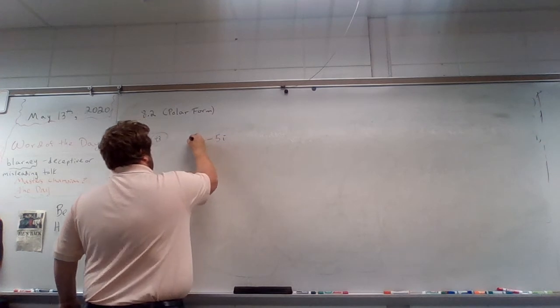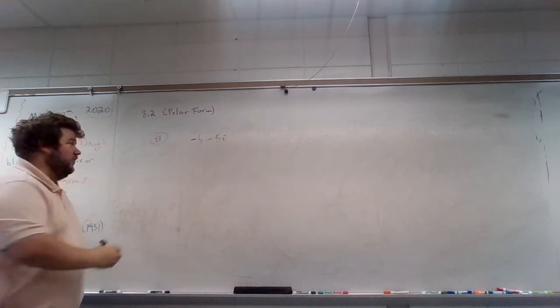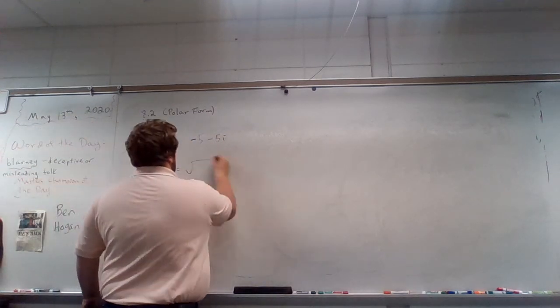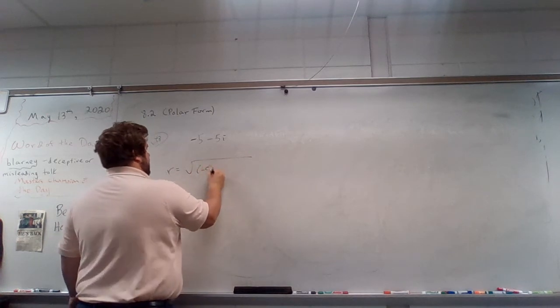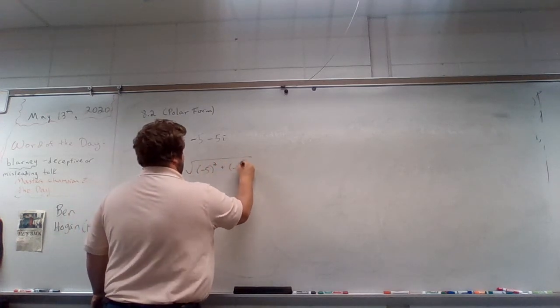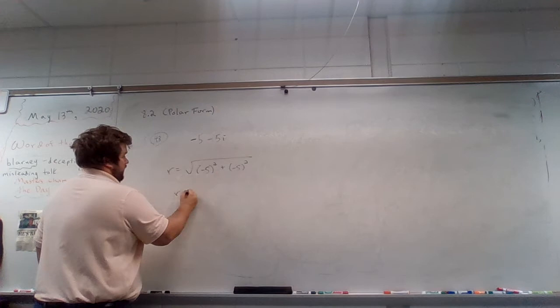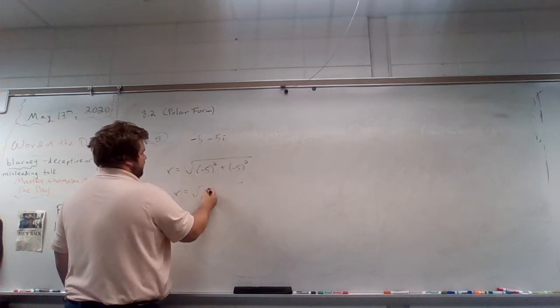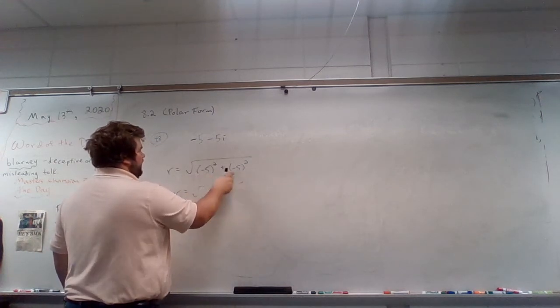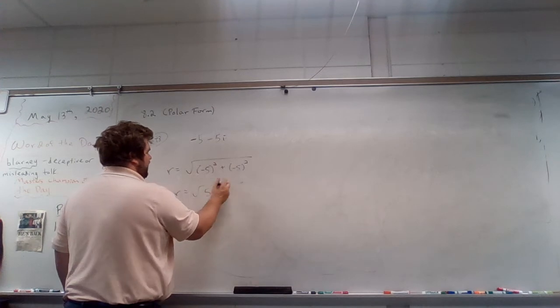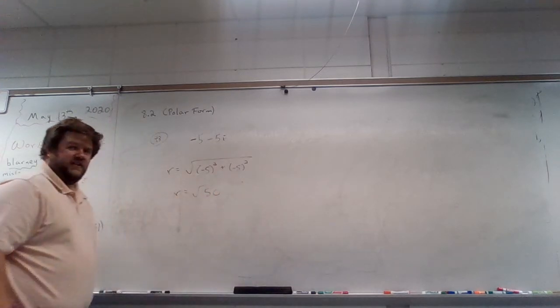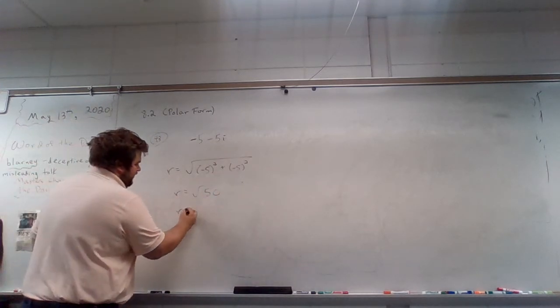So to get the trig form, again, I find our r, so I'm just doing the square root of negative 5 squared plus negative 5 squared in this case. So that is 25 plus 25. That's the square root of 50, and that is 5 root 2.